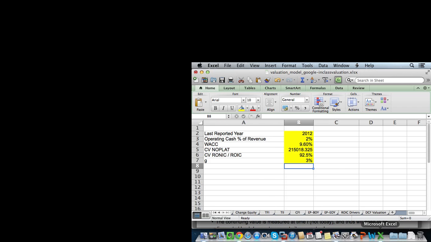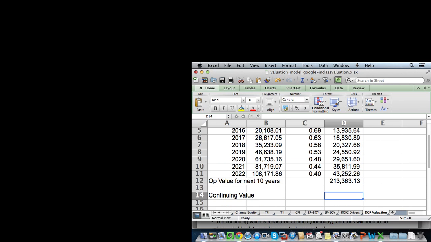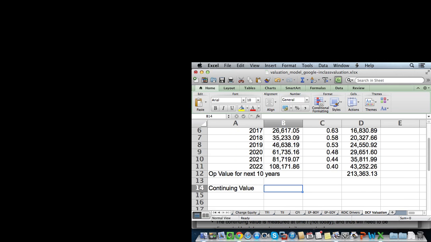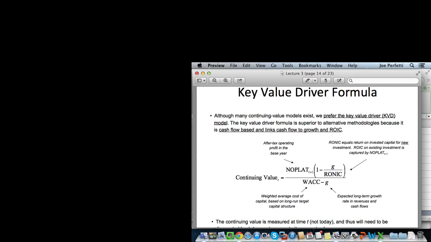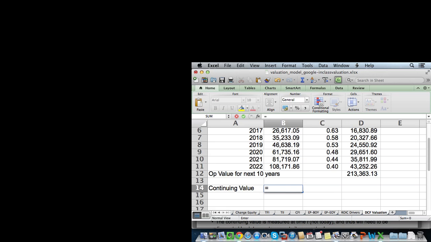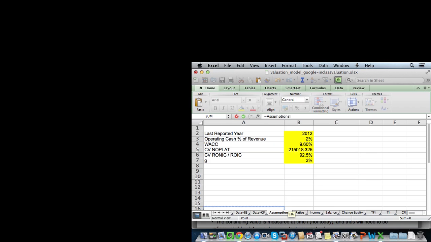So going back to our DCF valuation tab, I'm going to take my continuing value and, using those assumptions, put in this formula with the correct order of operations. I take my equals, and I'm going to do this all off the assumptions page.